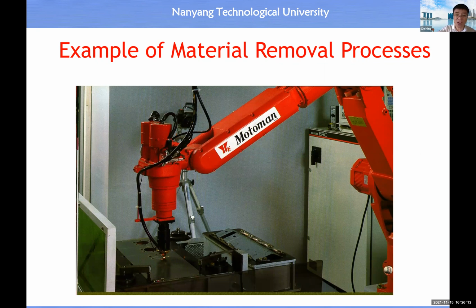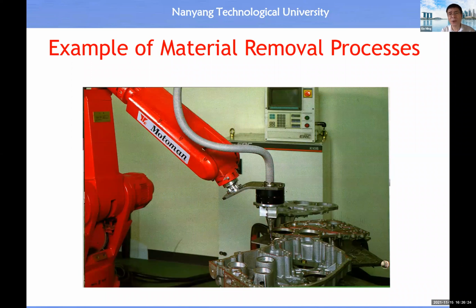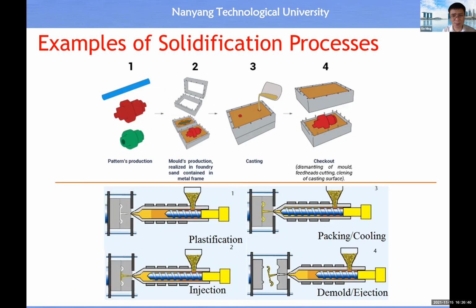So we cut a hole, we cut the disc, we cut the rectangle, or we cut the workpiece in different shapes. And this is also a material removal process. This is doing the polishing, to polish the edge of a metal part. And this is a typical example of solidification process.